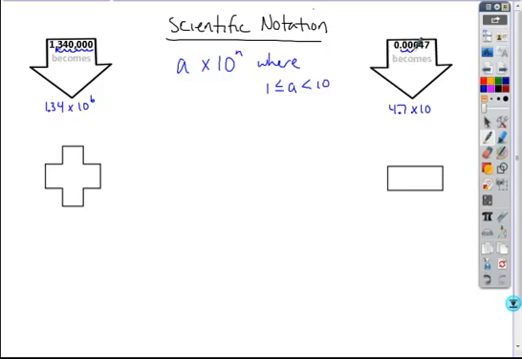So we move it 1, 2, 3, 4 to the right. Since it's an extremely small number, it's a negative power. And so those would be your scientific notation forms.